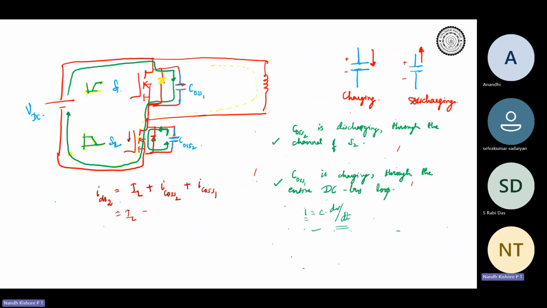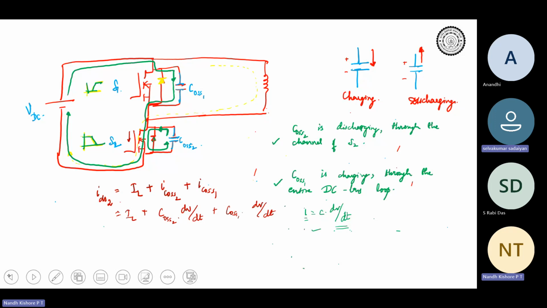So this can be written as IL plus COSS2 into dV by dt plus COSS1 into dV by dt. Do you agree?